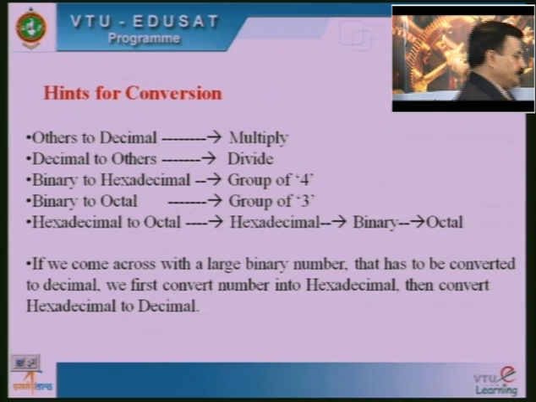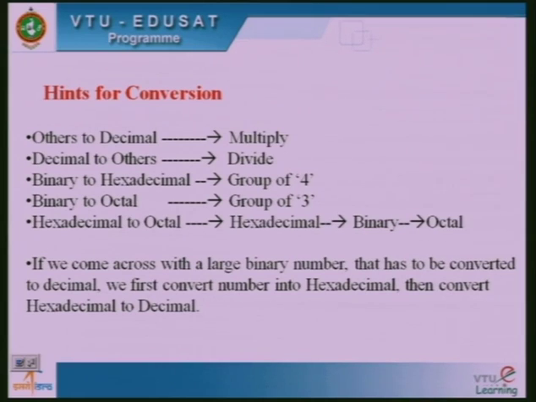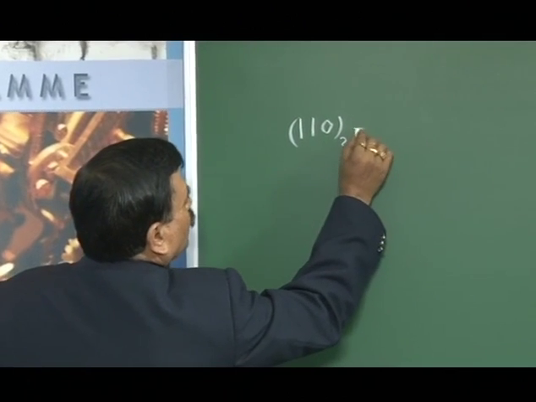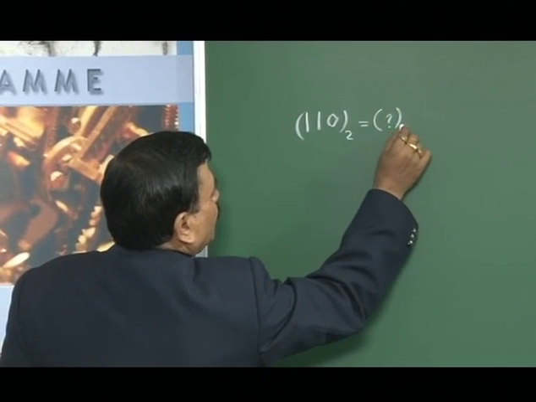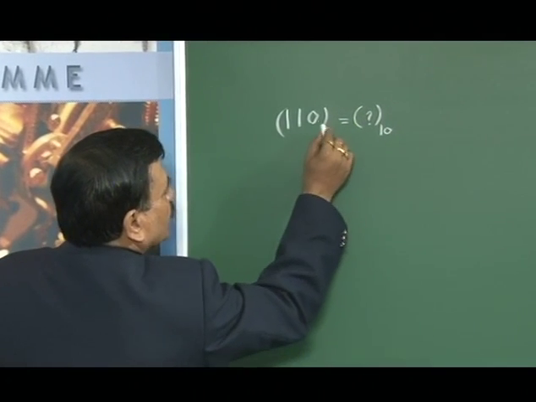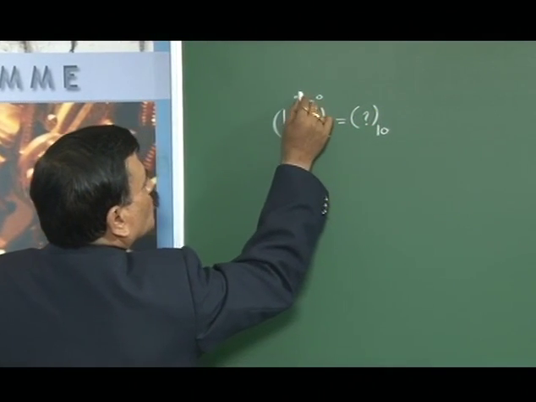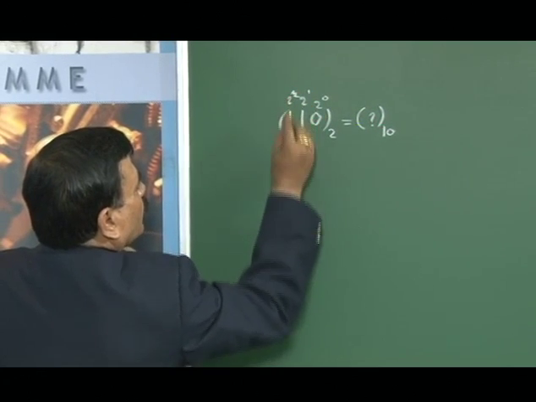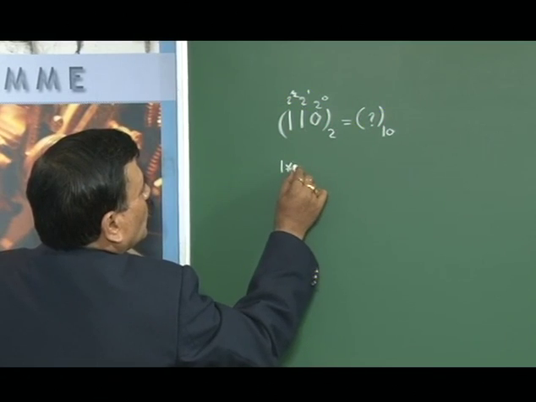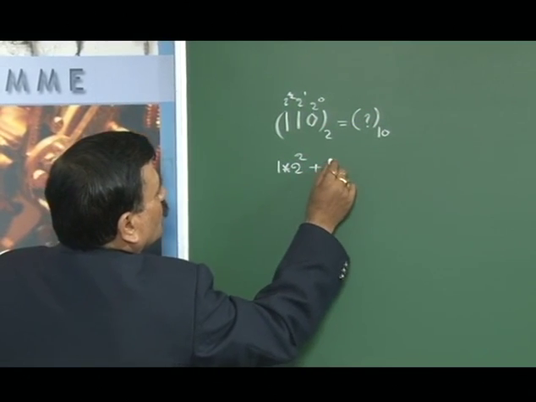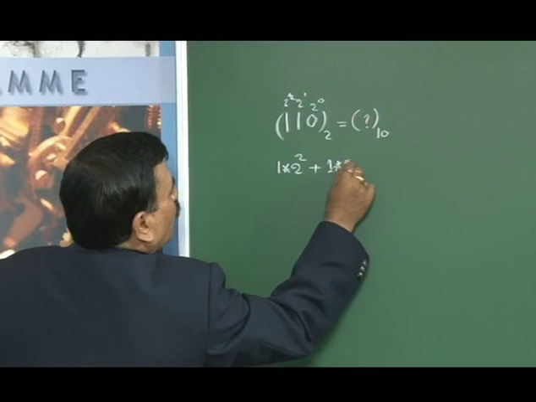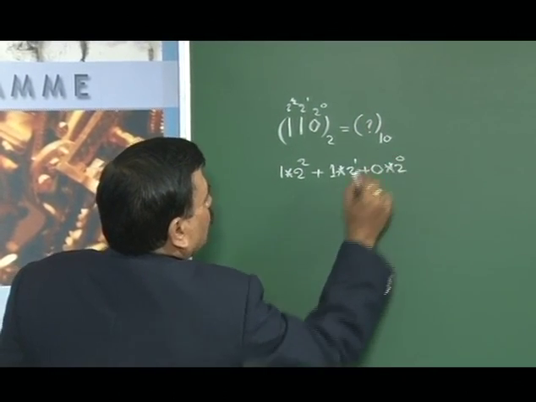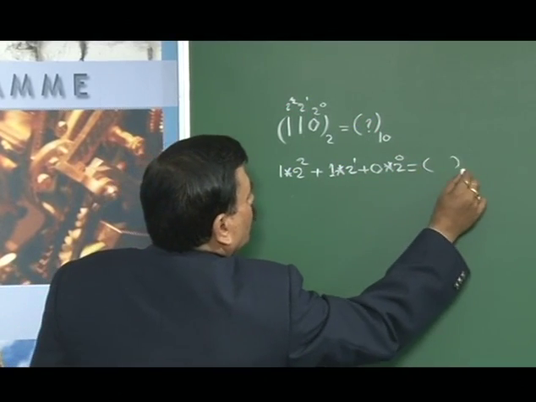For example, if 110 is given and we want to convert it into decimal, this is 2 to the power 0, this is 2 to the power 1, and this is 2 to the power 2. Therefore we do 1 into 2 to the power 2, plus 1 into 2 to the power 1, plus 0 into 2 to the power 0, which equals how much in decimal?